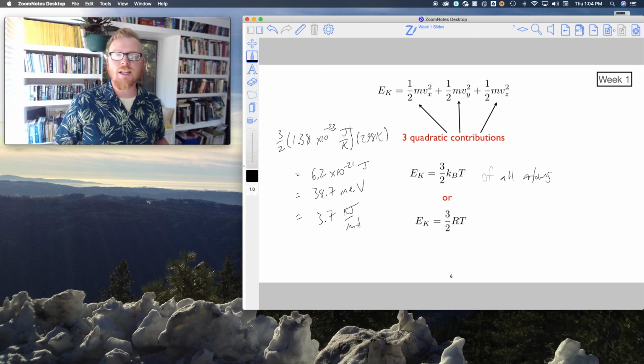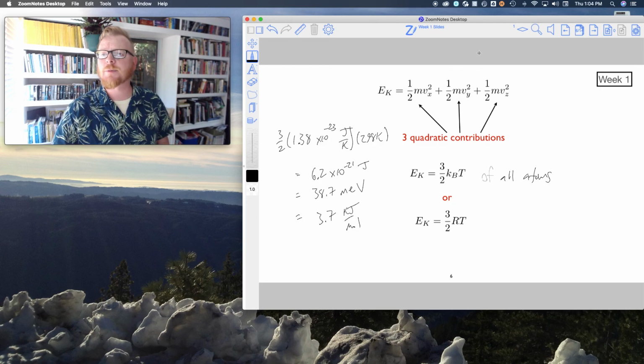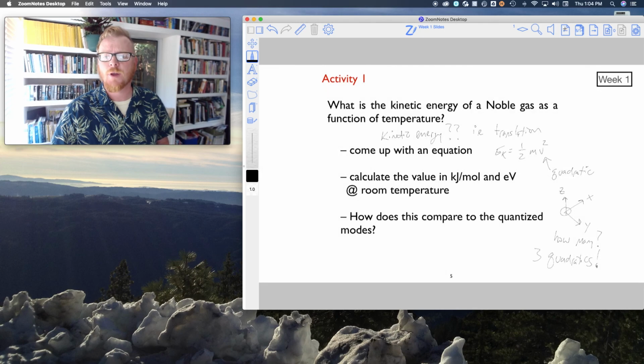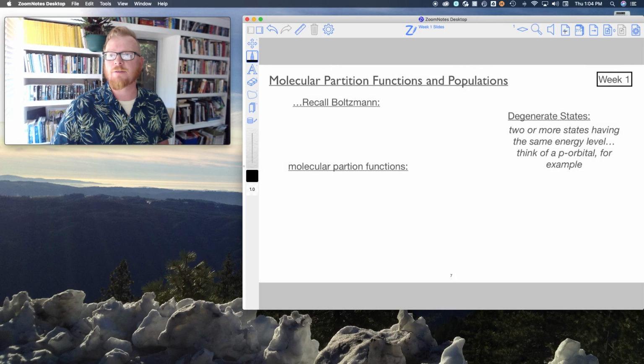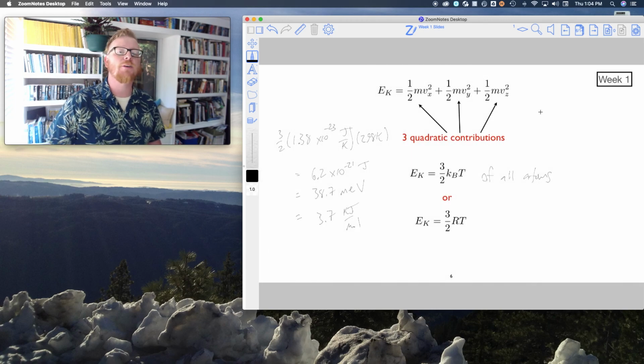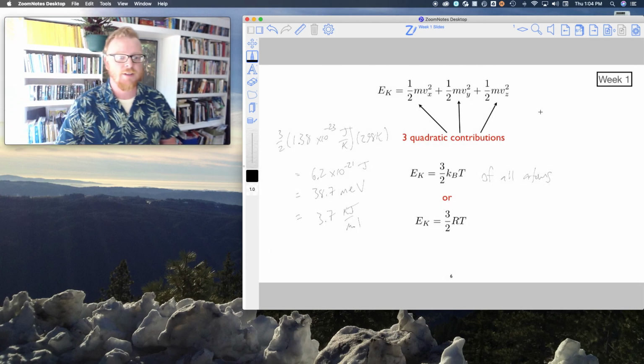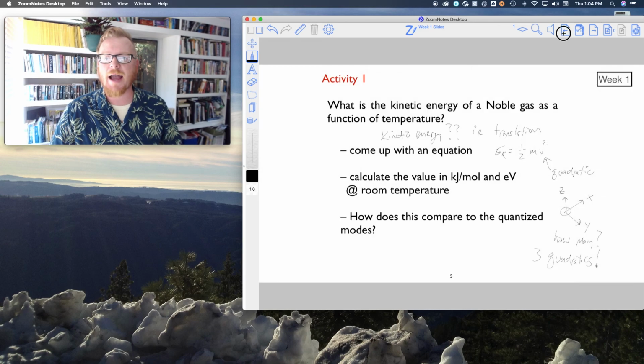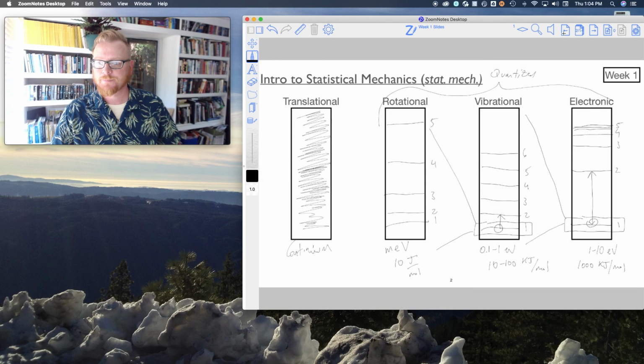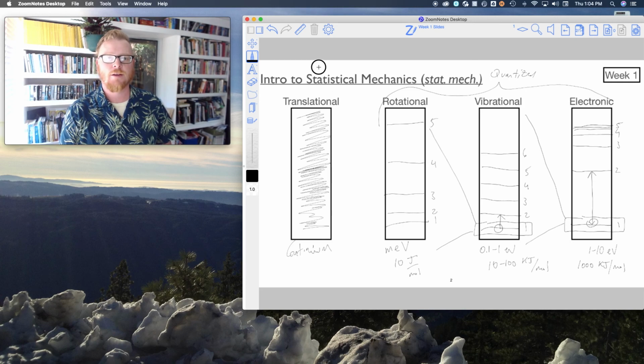Now the question is, how does this compare to the quantized modes? So let's back up for a second. I'm going to write that number down, 3.7 kilojoules per mole.